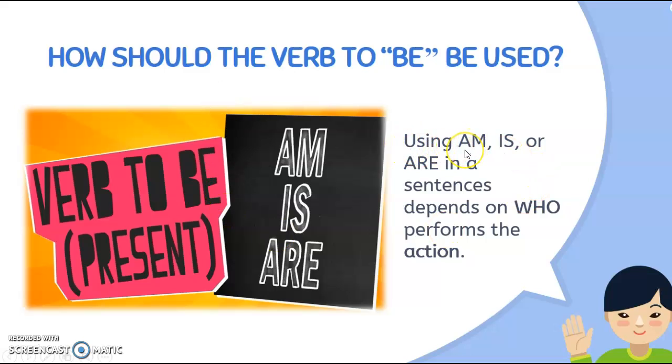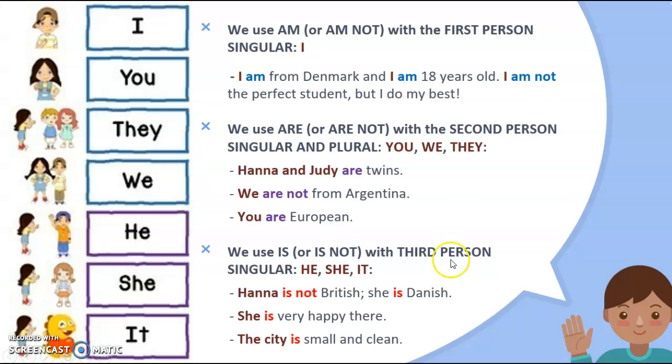The verb to be is divided into three: we have am, is, and are. Whether we use one or the other depends on who performs the action, who does the action.